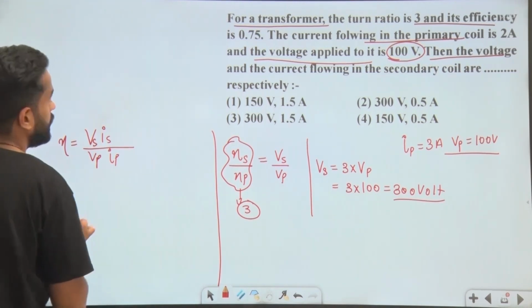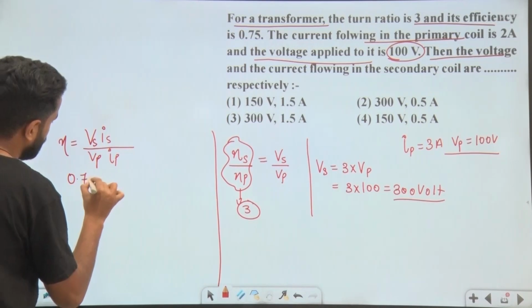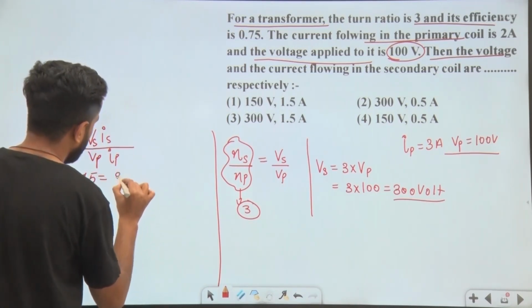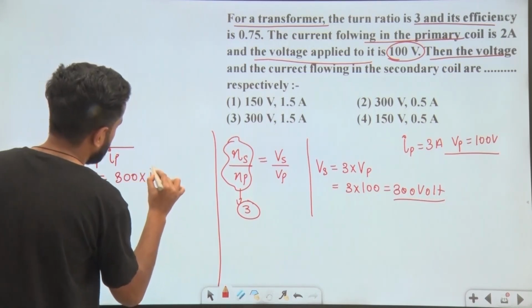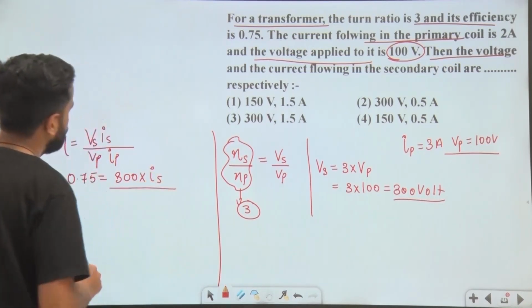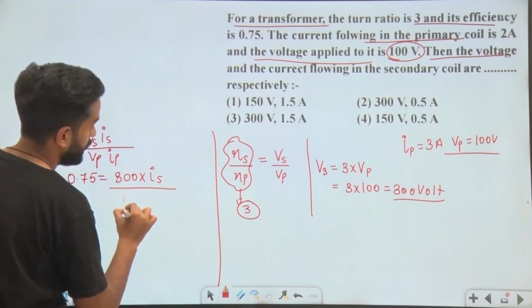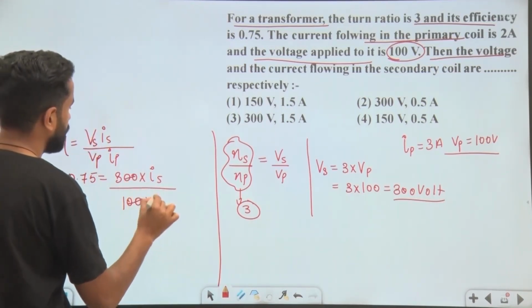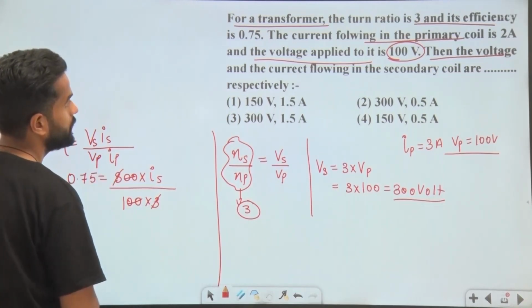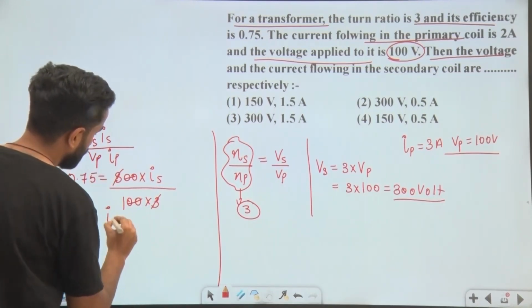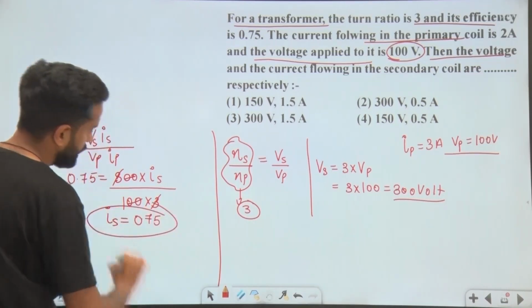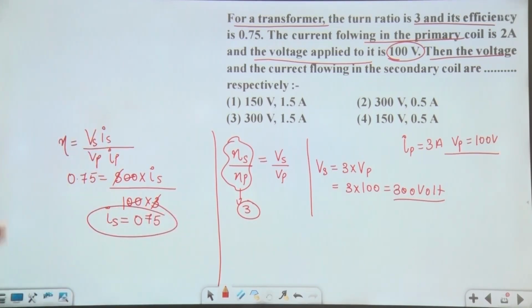So equating the values, eta is 0.75 equals Vs is 300 into Is, which has to be calculated, upon Vp which is 100 into Ip. Okay, so 3 and 3 will cancel out.